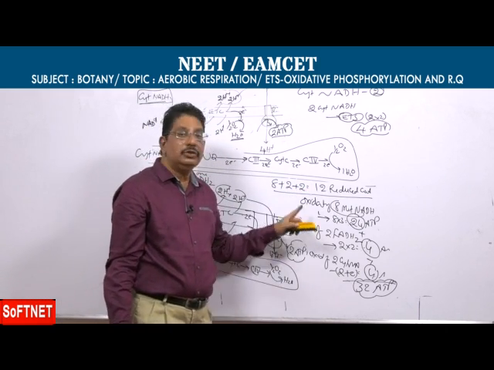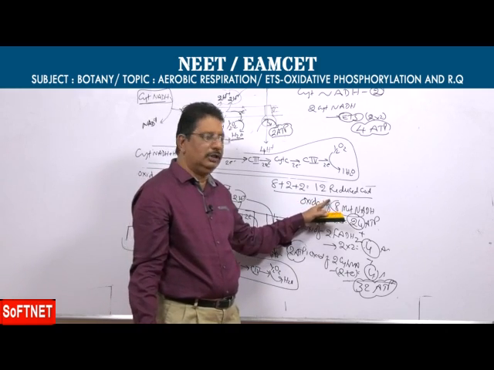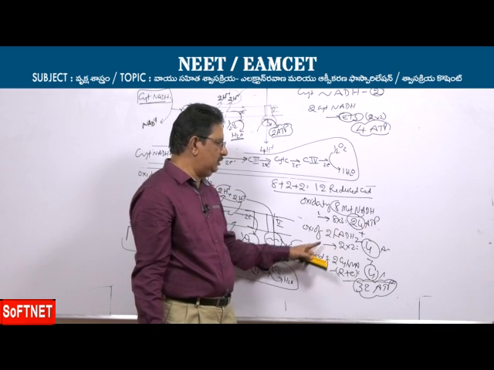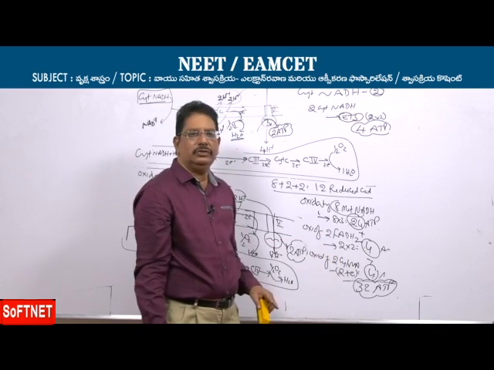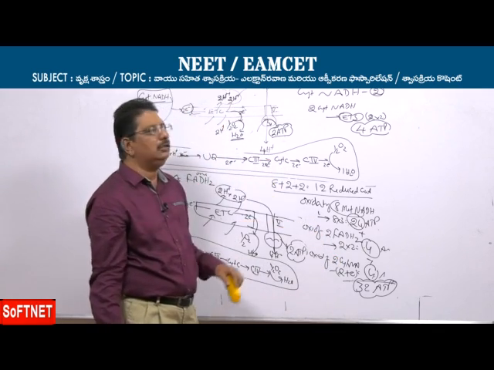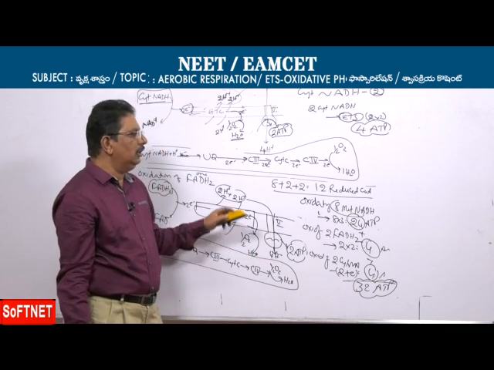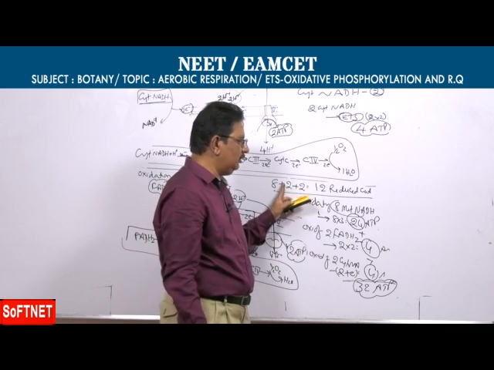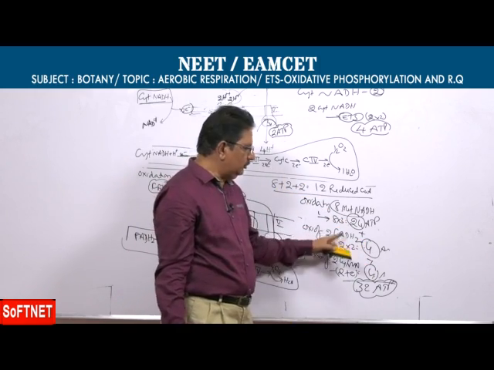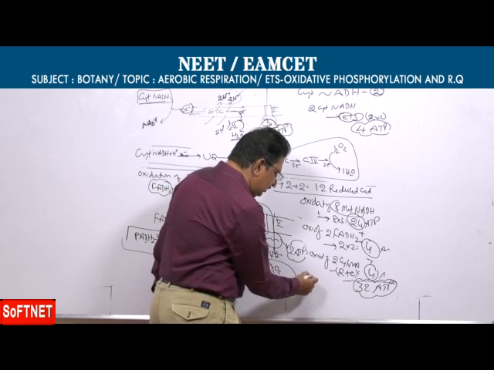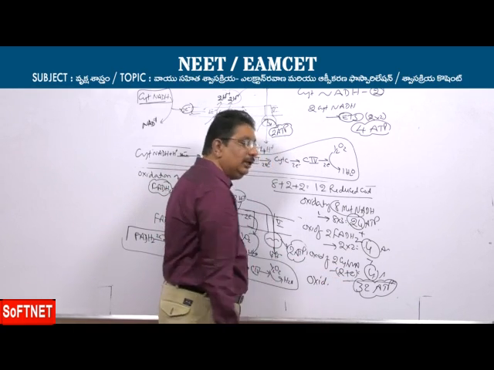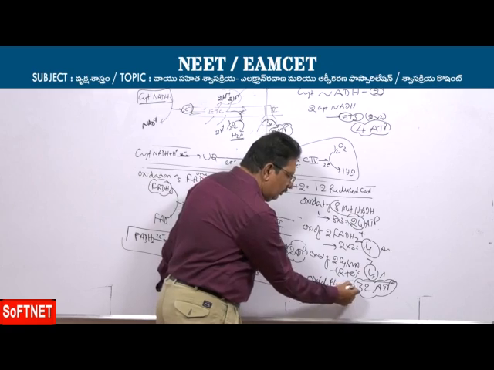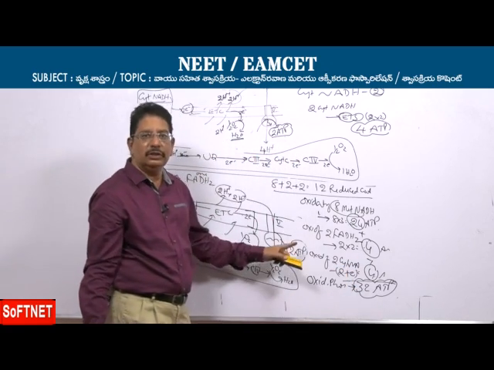All these 12 reduced coenzymes, in this form, 8 mitochondrial NADHs, 2 cytosol NADHs and 2 FADH2s, participate in the electron transport system and transfer their electrons to oxygen, finally forming 32. So, this is the number of ATP molecules formed through oxidative phosphorylation, 32 ATP.